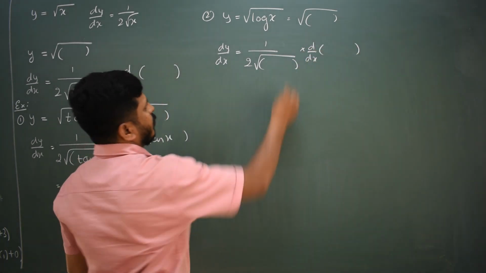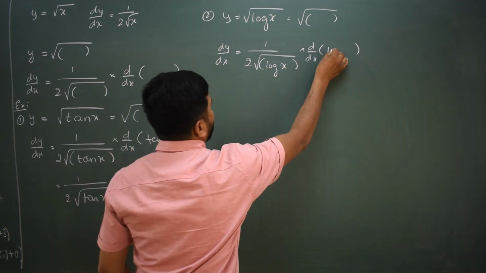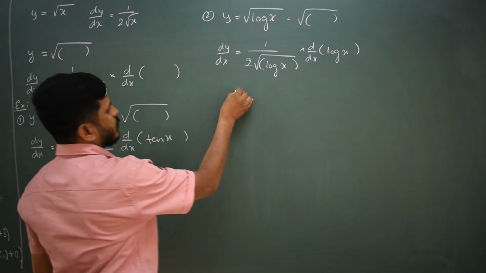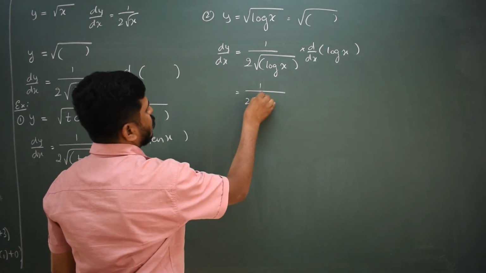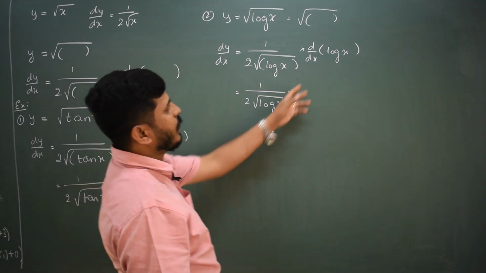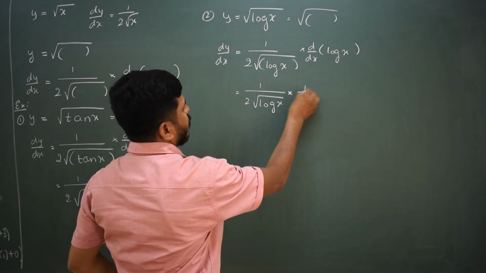So replace something. What is something here? Log x. In the place of something I have log x. That's equal to 1 by 2 root log x into d by dx, which means you have to differentiate log x. What is differentiation of log x? It is 1 by x.